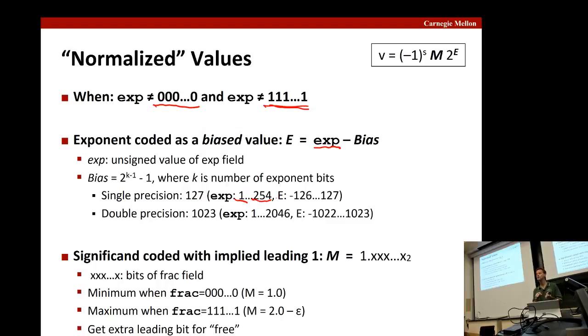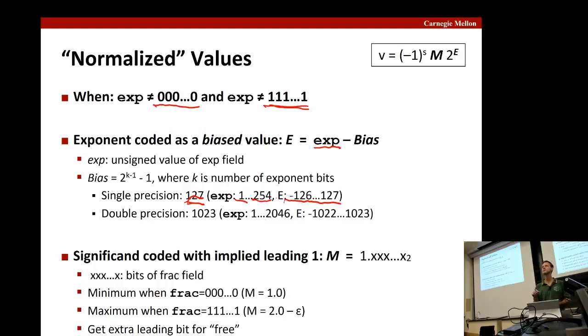So it goes from 1 to 254, as opposed to 0 to 255, because the normalized range truncates off those two endpoints. Then we take that number and subtract off the bias, 127. That allows us to have exponents between minus 126 and positive 127.